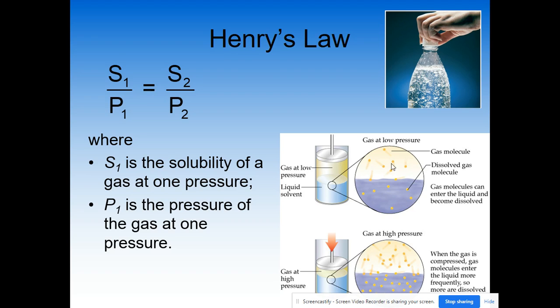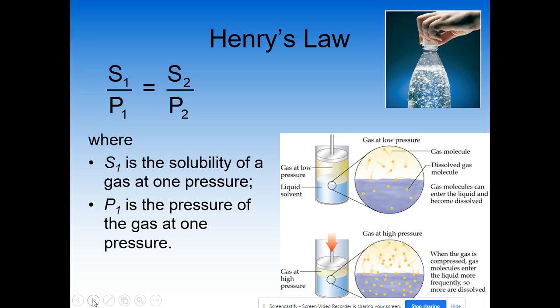So there's not too much pushing against that solution, and it's pretty easy for the gas molecules to escape. If you have higher pressure, you have a lot more gas molecules in the atmosphere above the solution bouncing against the surface of the solution. It makes it much more difficult for the gas molecules in the solution to escape, so they stay in the solution for a longer time.